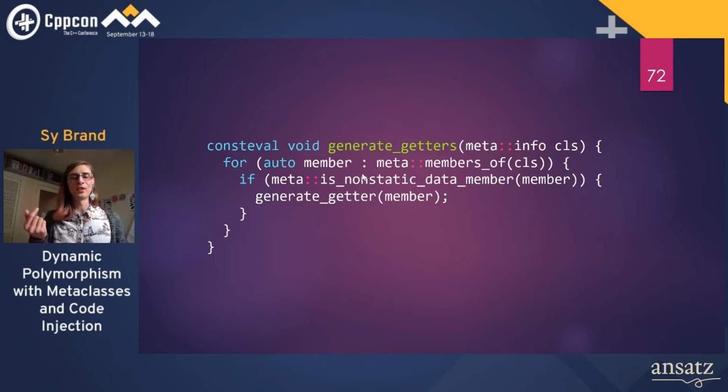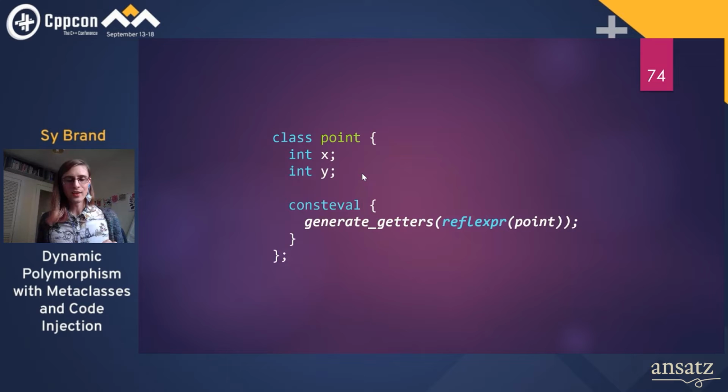So you can imagine if we injected something into the type, and we kept on looping over these members, then we could end up in an infinite loop because we're just injecting things and then reading them. So essentially everything in this const eval block will be executed and all those changes will be made to the class before you can then use it and it's considered complete.